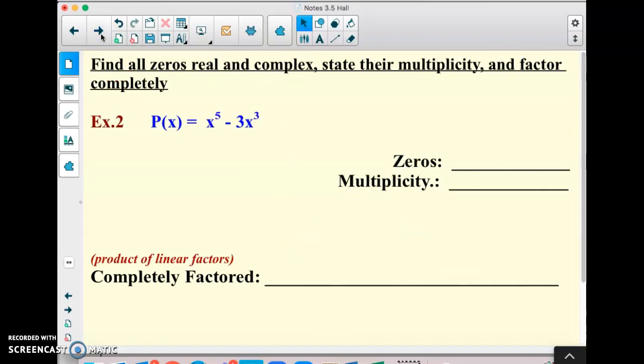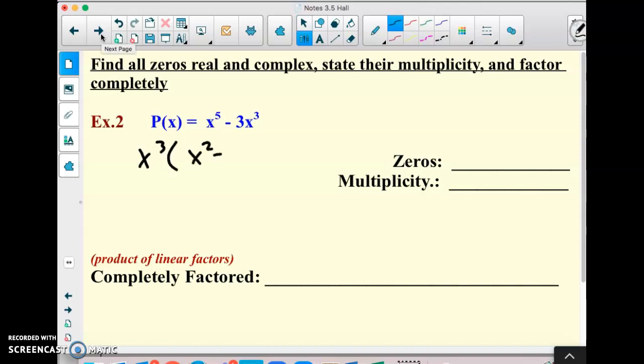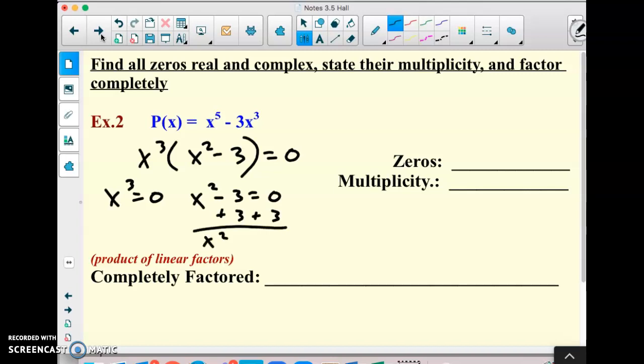All right, on this one, I can factor out an x cubed, and I'm left with x squared minus 3. Set it equal to 0. So x cubed equals 0. X squared minus 3 equals 0. Add 3 to both sides here. Take the square root, plus or minus.